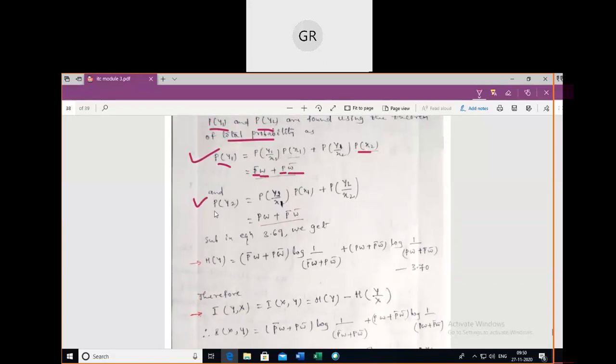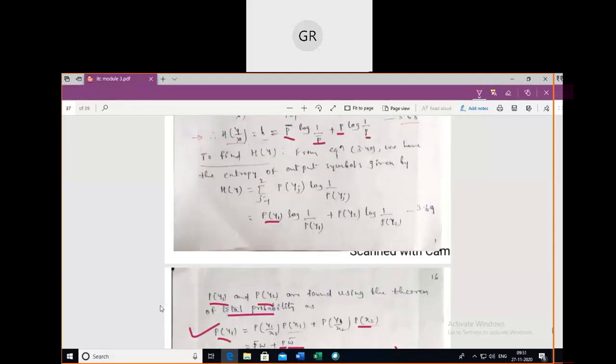Similarly, P of y2 is P of y2 divided by x1 multiplied with P of x1 plus P of y2 divided by x2 multiplied with P of x2. Just remember, you can change it. Then, by referring to the channel matrix, this value is P, this value is W, this value is P bar, and this value is W bar.